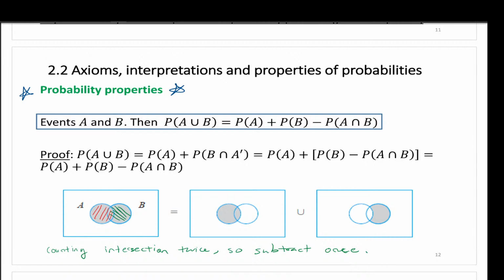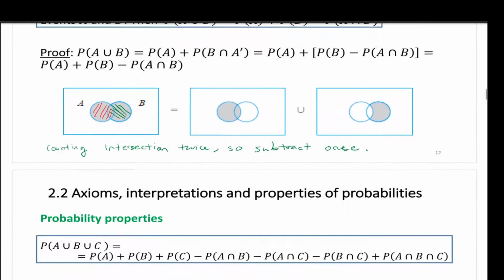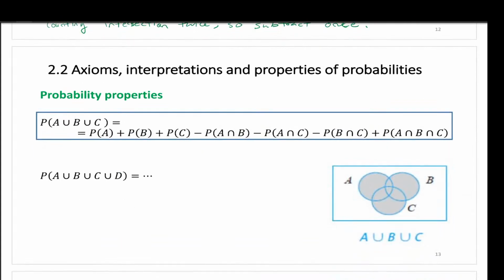All right. So that's probability of a union. You can go on to the probability of a union of 3 sets. It gets a little more complicated. You add the individual sets' probabilities, subtract the pairwise intersections, and then add the triple intersection. So think about that one more time. A counts everything here. B counts everything here. And C counts everything here. Oh no, I counted those intersections too many times.